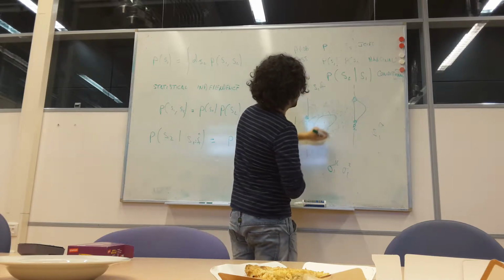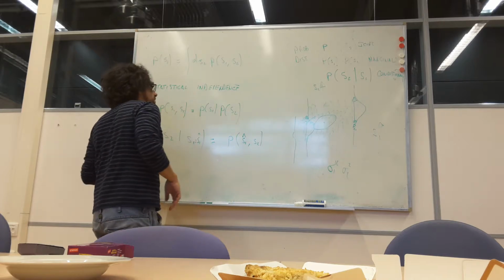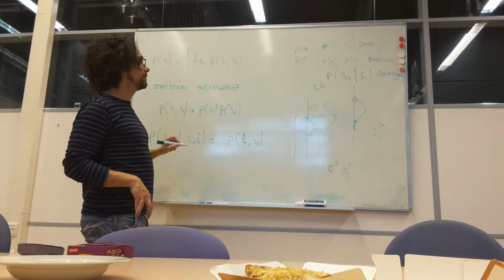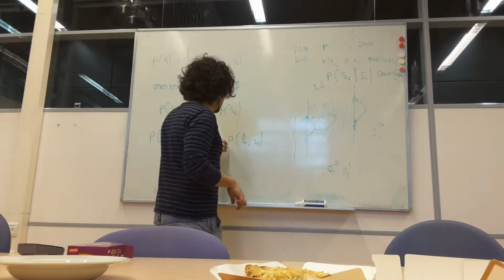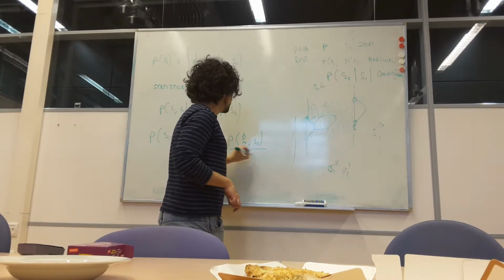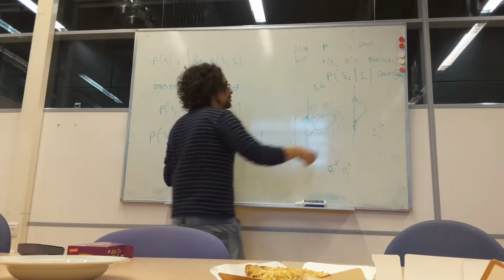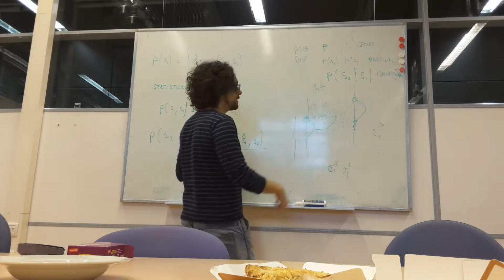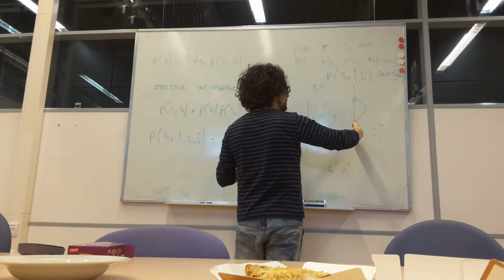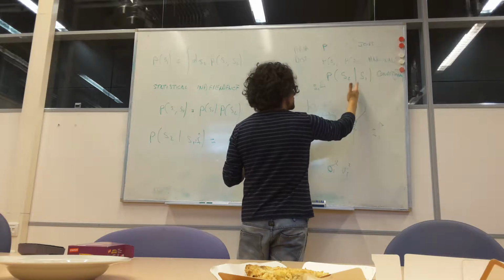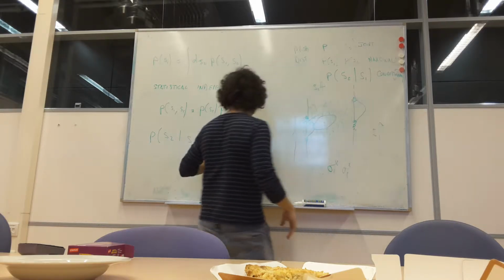If I cut through here, I get an even bigger area. That means to get something that adds up to 1, I need to divide by the total area. And the total area is just the marginal probability of S1, because that's the total probability of finding S1 here regardless of S2.